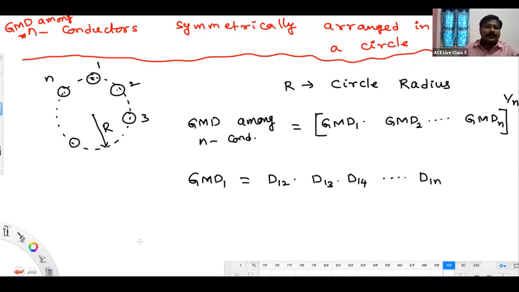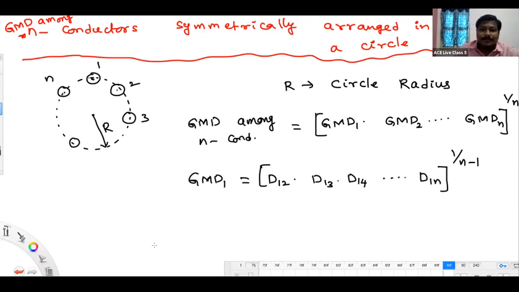And how many numbers do you get now? N minus 1. So, whole power 1 by n minus 1 we should say.